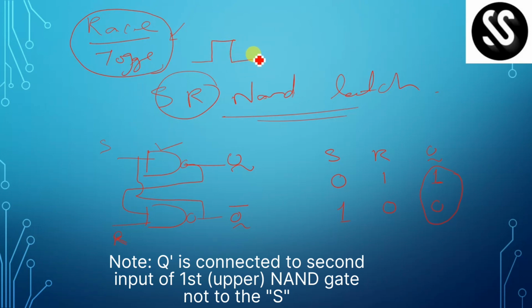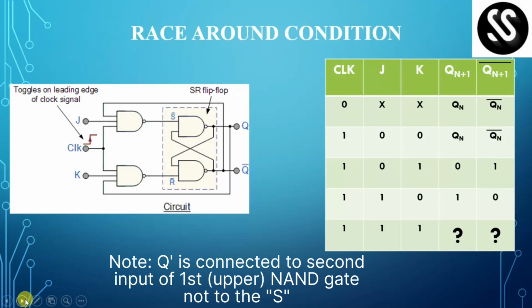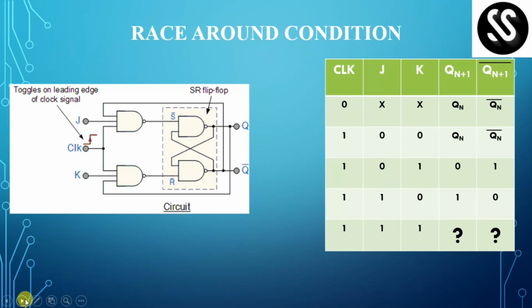This is called toggle. But in the case of race, the previous state is 0, when I apply a clock it goes to 1, and it does not depend upon the clock: it comes back to 0, goes back to 1, a 0, 1 transition. When the clock is 0, it stays 0. So this is race. Race condition is independent of the clock, and toggle condition depends upon the clock. Understood?